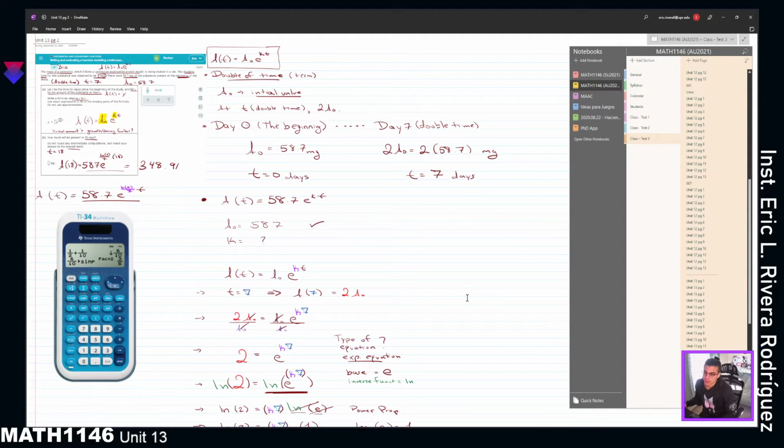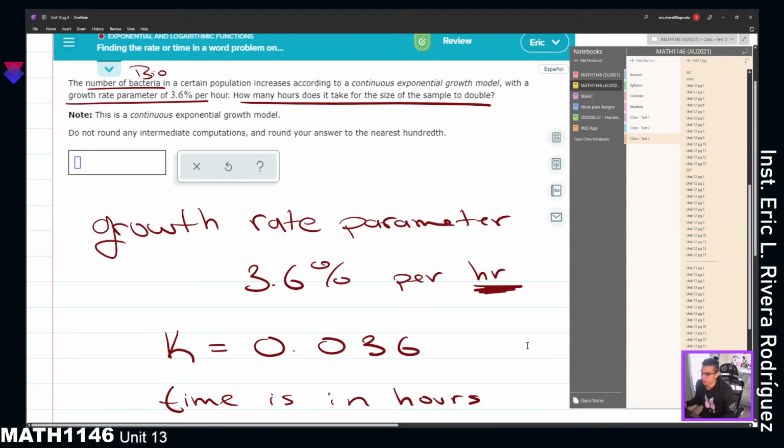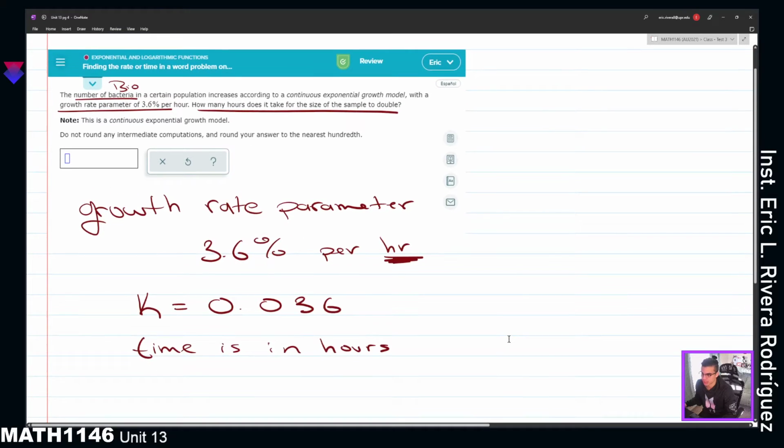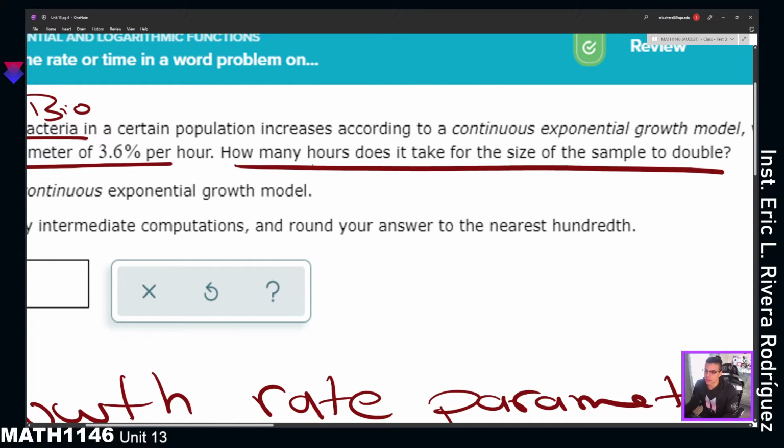All right, so this exercise is very similar to the one that we did. So I believe I should do it, because even though you will do the same process, it's kind of different because now it's asking for time. So how many hours does it take?